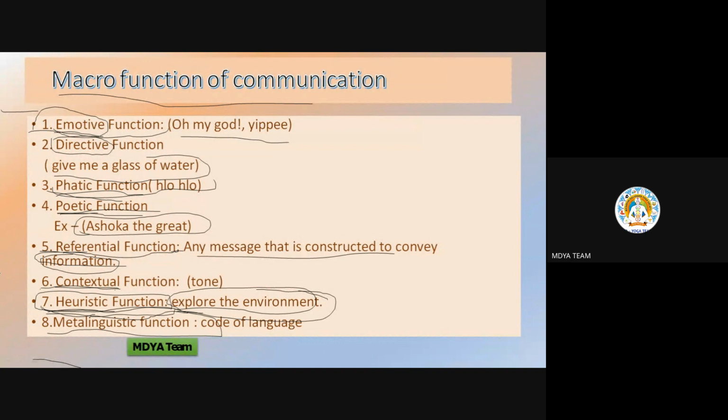So in this meta-linguistic function, we talk about language itself while we are using that language. Okay.